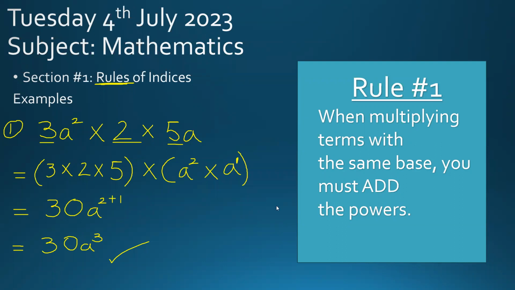I just want the A's. So A to the power of 2, A and A. Very good. A to the power of 1. And so we just add the 2 and the 1 to give us 3. Okay. Let's do our second example. Hopefully this will clarify things.